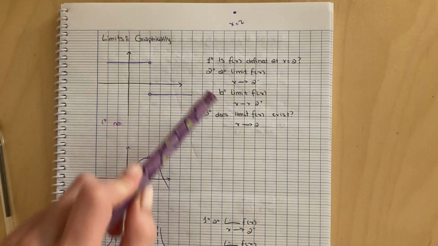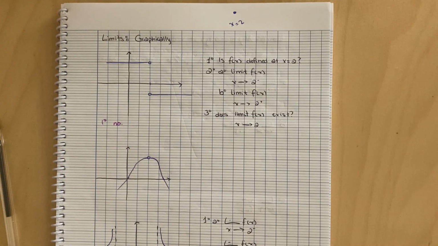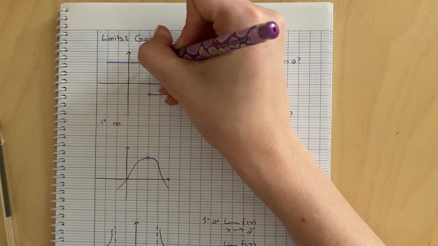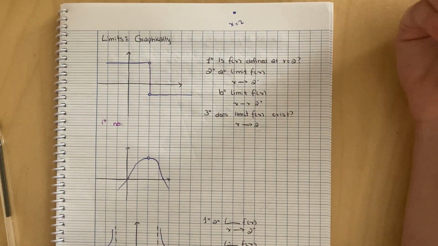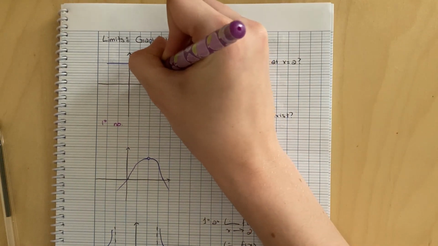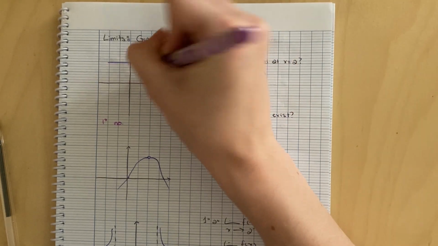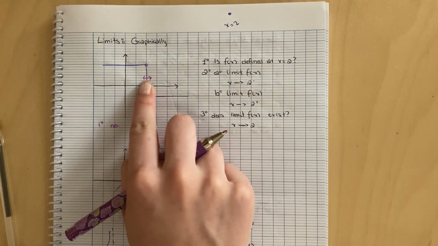Question 2 part A says limit f of x as x tends towards 2 minus. Remember what we said about 2 minus? It's a fraction less than 2, which means if 2 is right here and it's undefined, where is a fraction less than 2 going to be? Is it on this side or this side? It's on this side.